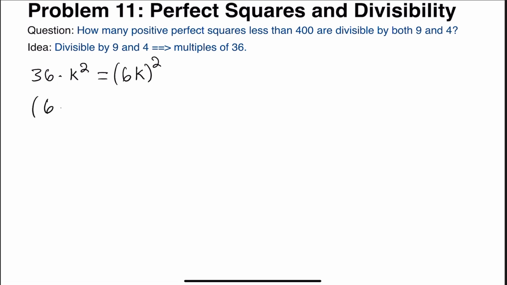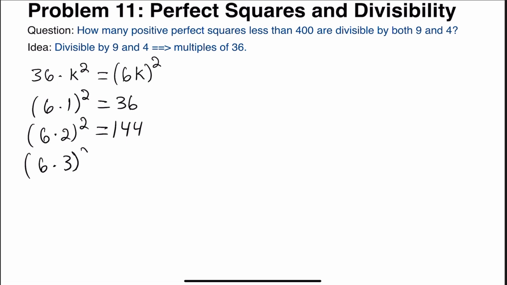6 times 1 squared equals 36. 6 times 2 squared equals 144. 6 times 3 squared equals 324. 6 times 4 squared equals 576.